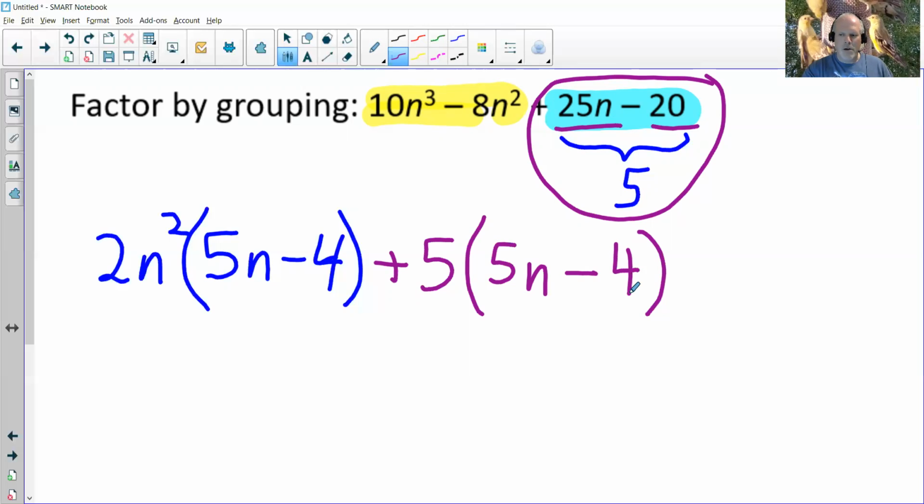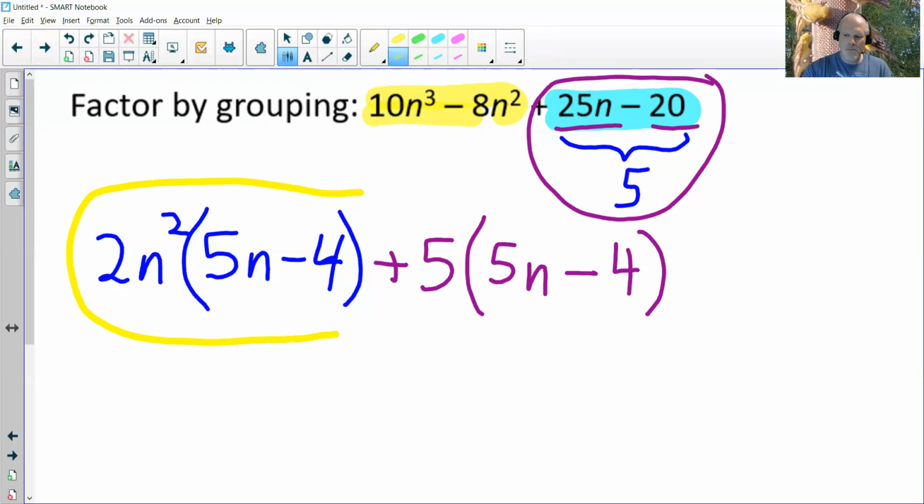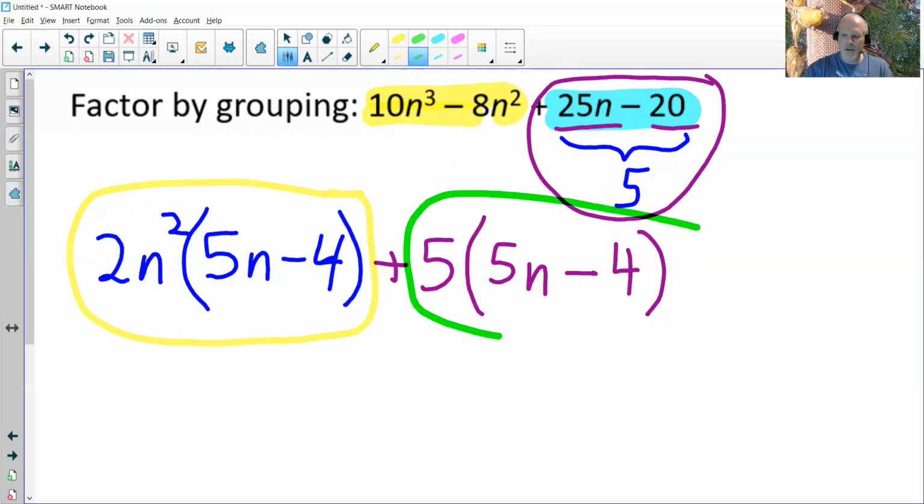So now what we want to do is make an observation here that I have two terms now. I have this term and I have this term.